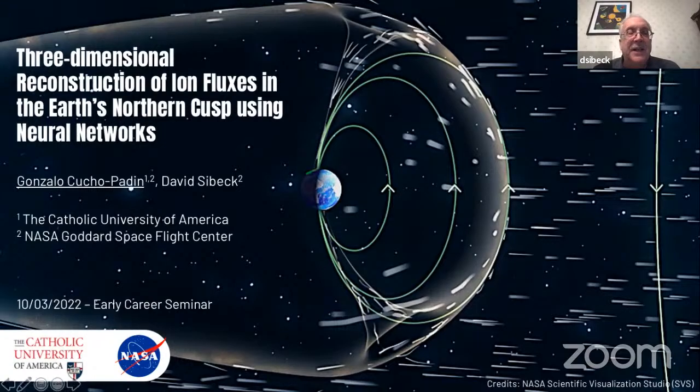He used static and dynamic tomographic techniques to infer the exosphere's structure from Lyman alpha measurements by NASA's TWINS mission. But today, he's going to turn his tomographic reconstruction talents towards the Earth's cusps and tell us about his recent efforts to reconstruct the Earth's northern and southern cusps. So with that, Gonzalo, please go right ahead.